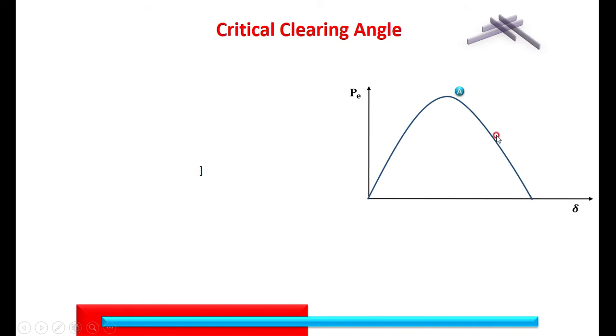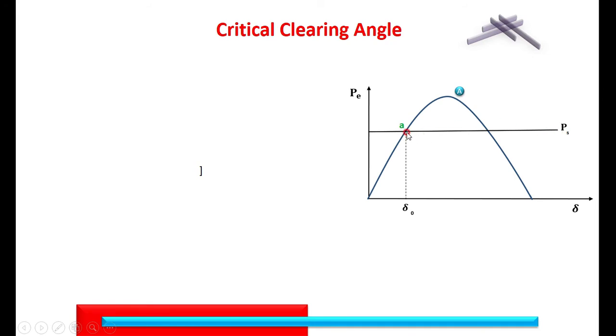When a fault occurs on the system, the reactance of the system increases so that the power angle curve reduces from A to B. But before the fault occurs, the system is operating at point A. Our angle is delta naught and the mechanical power input is Ps.